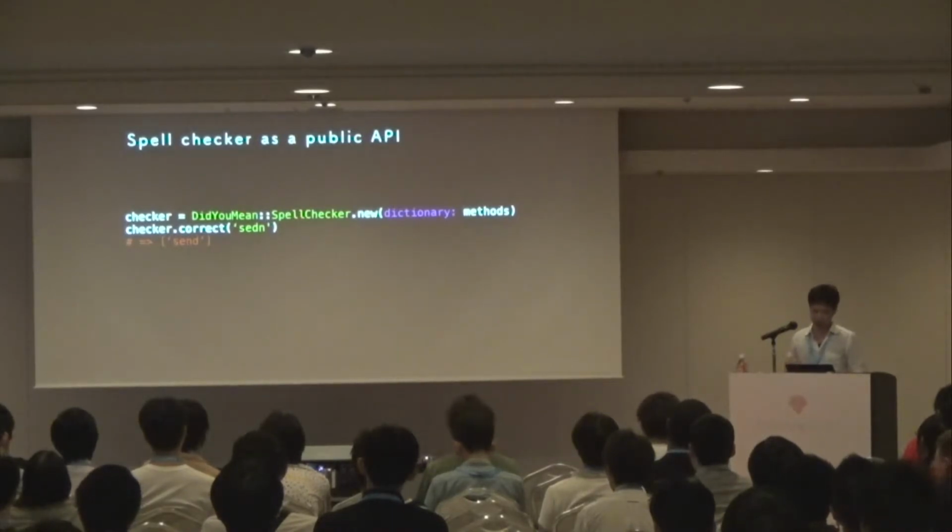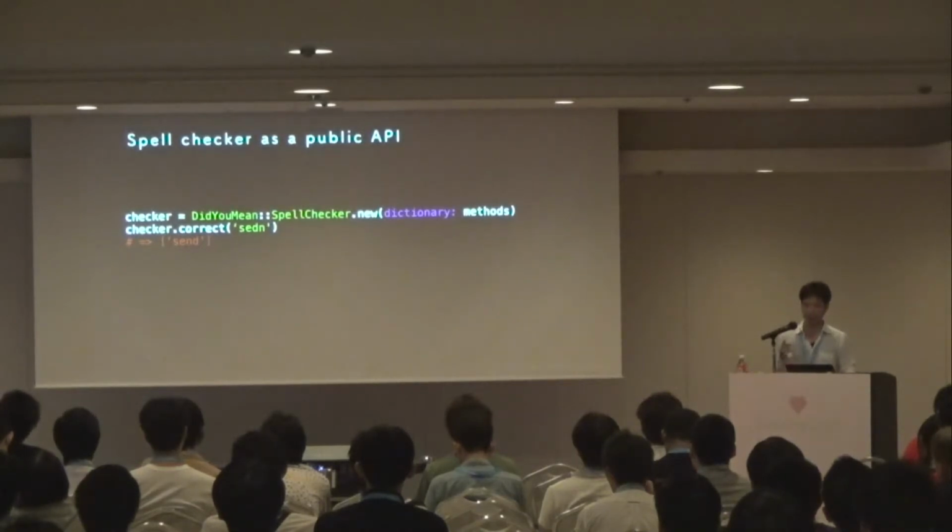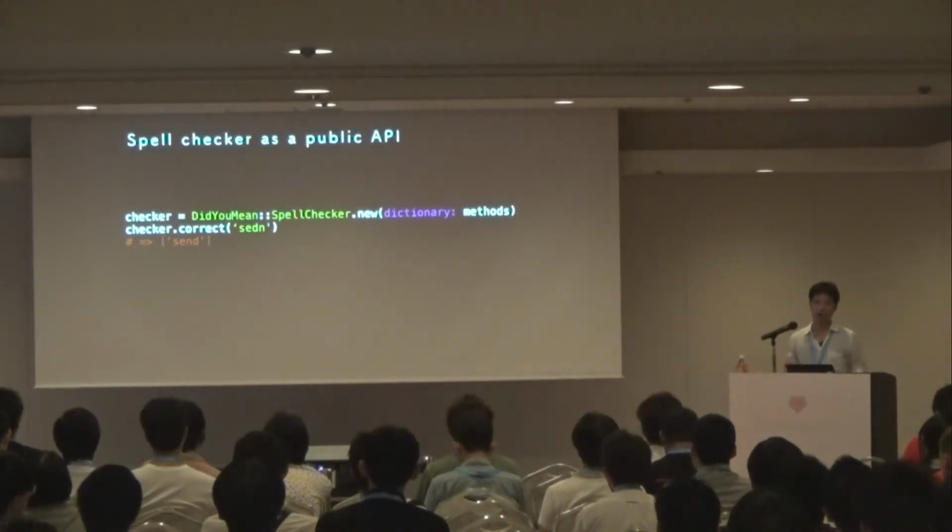A few weeks ago, a gem called Fastlane decided to use this spell checker to look up the correct action name. And then last week, we also added a new feature to look up the correct task name if there's a typo in the task name, which is great. So people are already using this feature, and if you have a gem or something, you can also use the same thing.